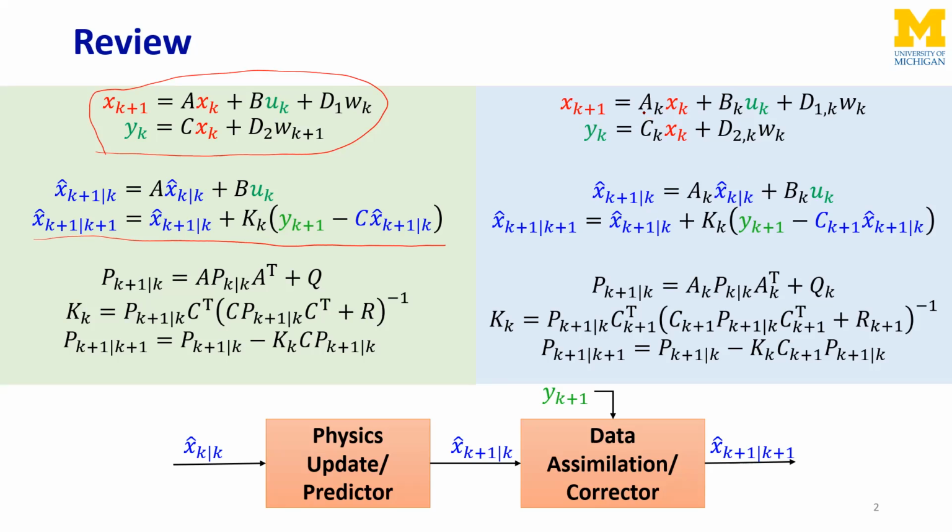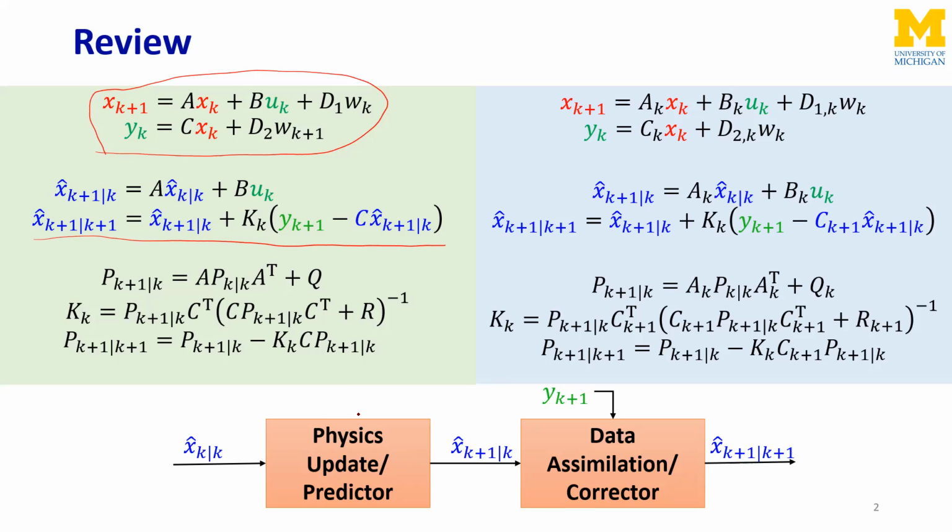So even if you have an LTV system, a linear time varying system, where you know these matrices A_k, B_k, C_k, and so on, you can construct an optimal filter which looks exactly the same. All the constant matrices are just replaced by the time varying matrices, and this filter is still optimal in the case of a linear time varying system.